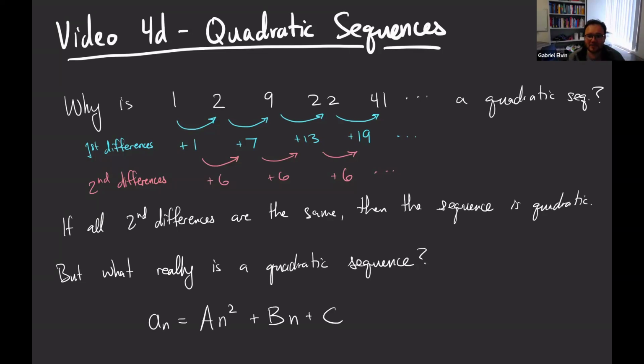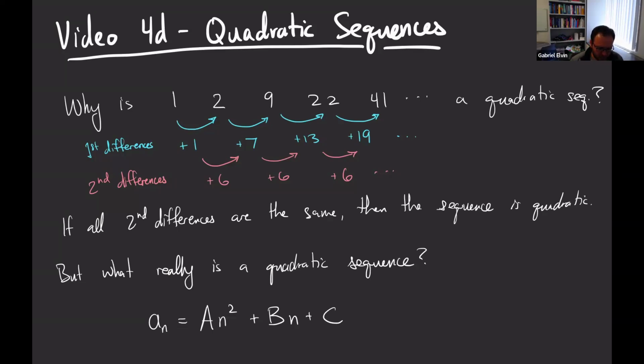There will be three constants, A, B, and C. I'm using capital letters because I didn't want the A coefficient to get confused with the a sub n, the nth term. So the nth term is always given by a quadratic. This is the closed form formula, just like for a linear sequence, where a sub n is linear in n. It is a linear formula.